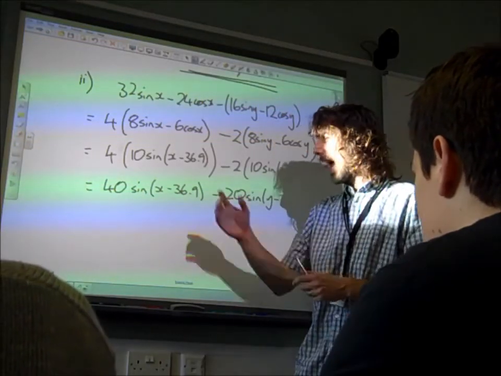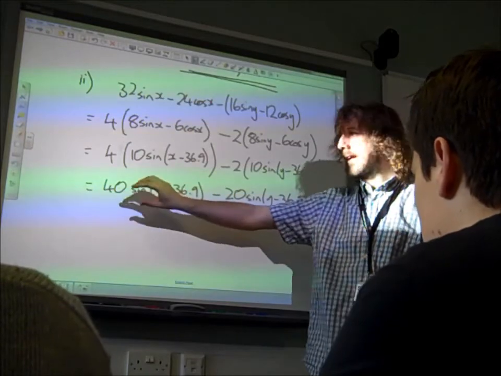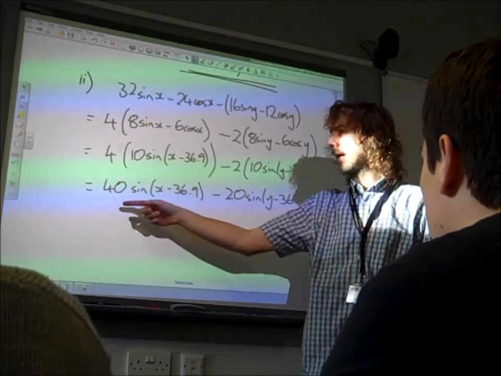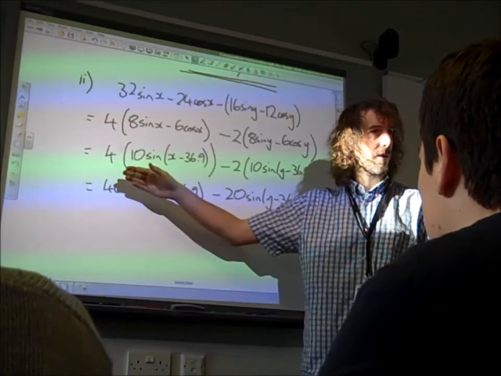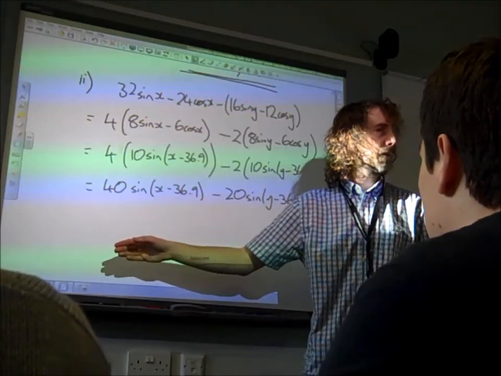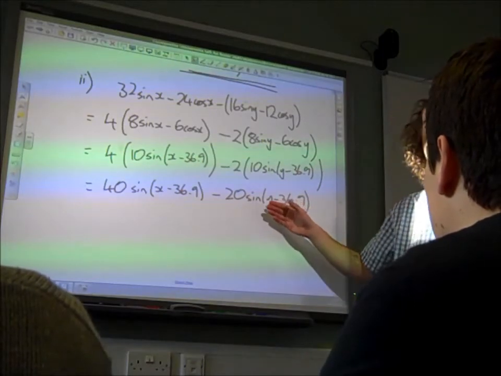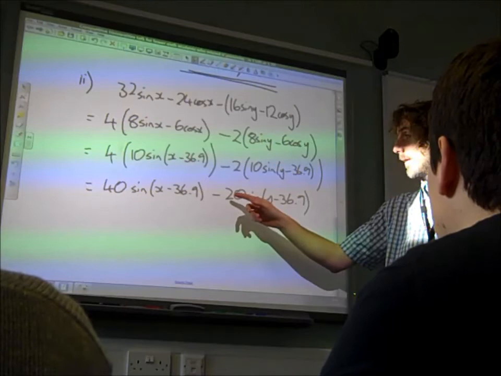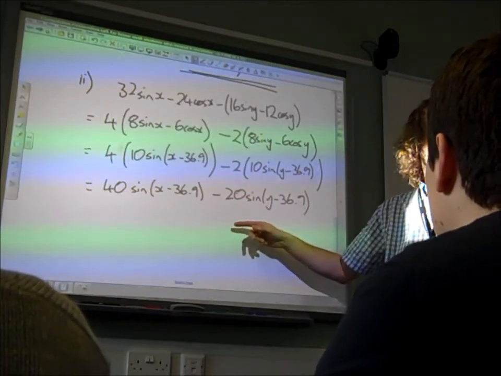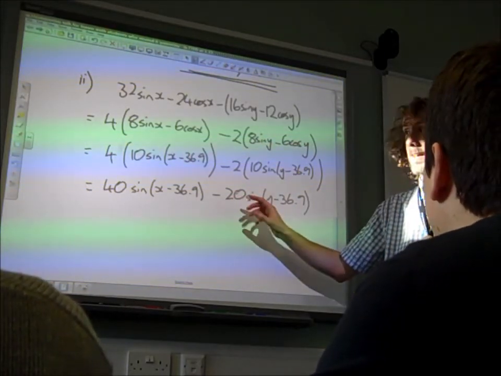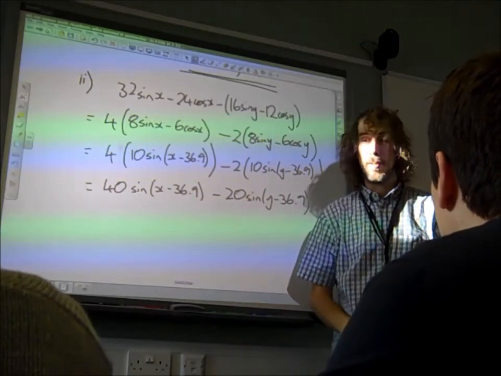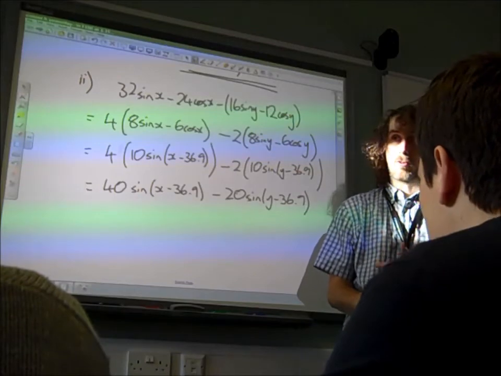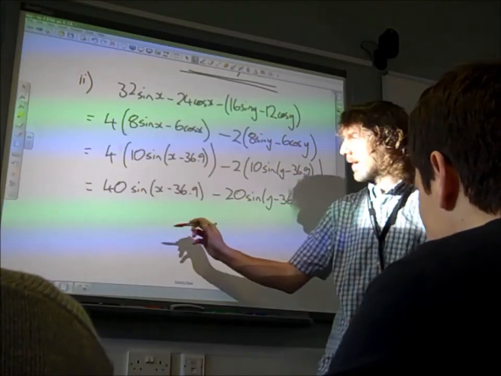As x varies, the sine function goes between minus 1 and plus 1, so this bit varies between plus 40 and minus 40. At the same time, y is varying, and this bit goes between plus and minus 1, so this bit is between 20 and minus 20 that we're subtracting. We weren't asked for the values of x and y, just the greatest value.